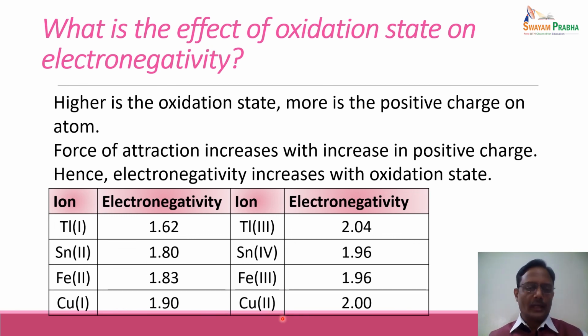Cuprous and cupric: cuprous has 1.9 because it has 1 positive charge, and cupric with 2 positive charges has electronegativity increasing to 2.00. This is the effect of oxidation state: the same element has different electronegativities in different oxidation states.